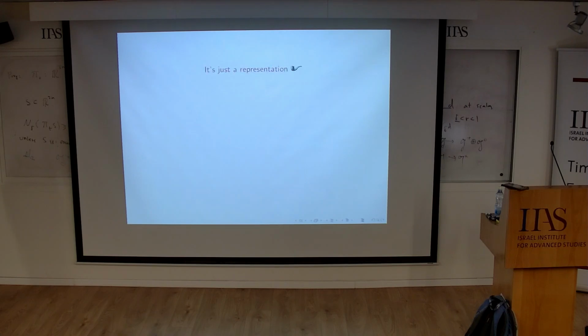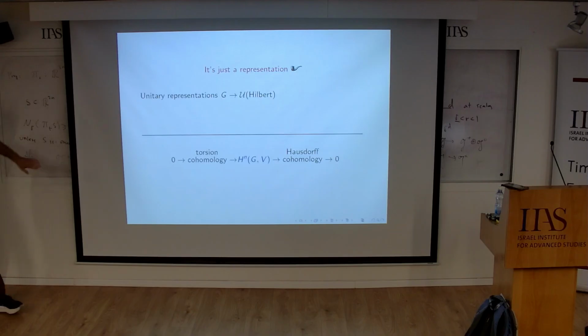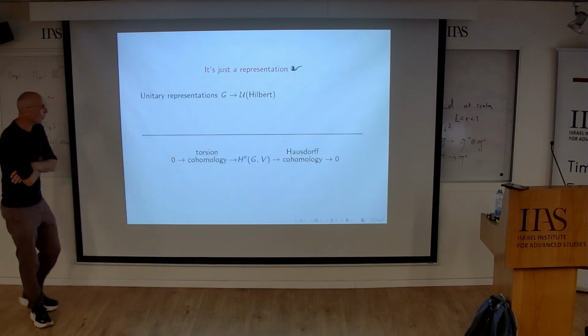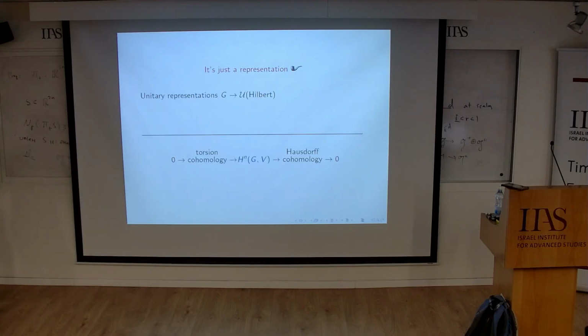But before this, I want to give you a quick setup, just to be clear, and also to explain something quite cool. So I'm considering unitary representations of G on Hilbert spaces. V will be a Hilbert space, and I'm concerned with this cohomology, H1(G,V), and as I said, this is a topological vector space.